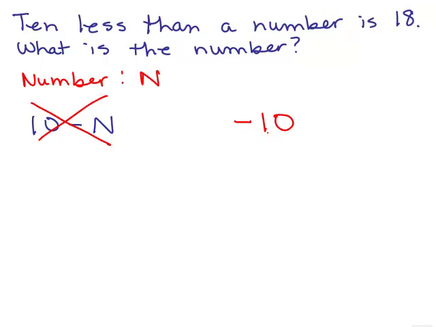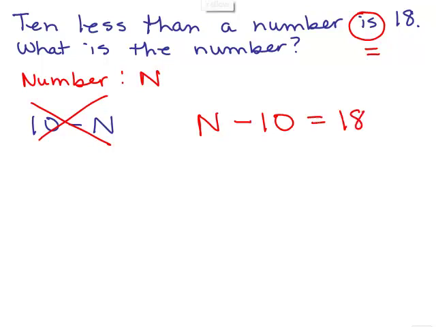So we're going to take 10 away from a number. All right, and we call the number n. Okay, so there we are. So n minus 10. So we've got 10 less than a number is, the word is in this case just means equals 18.